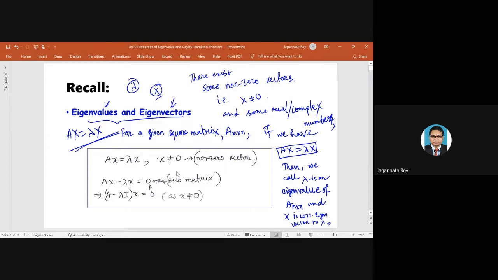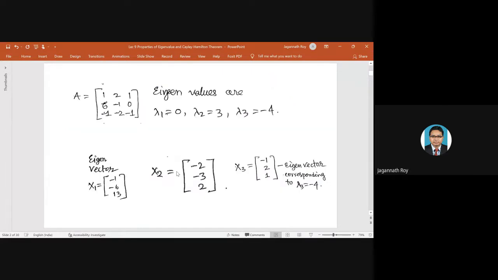So if you quickly think about example 2 that I have included there, we have seen that if we have a 3 by 3 matrix, then we will have 3 eigenvalues. Okay. Now the question is how many eigenvectors we will have.